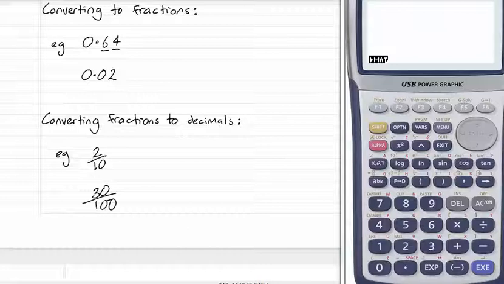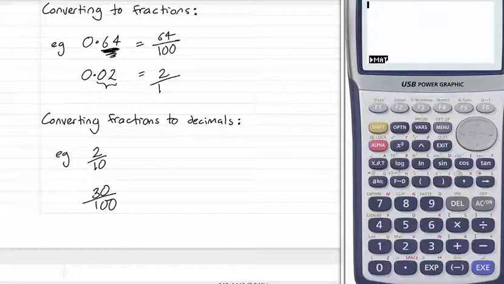I take that 64 and put it over 100, and the number of decimal places in my decimal is the number of zeros in my power of 10. So there's 2 decimal places in my second question. That means I've got the number 2 over 100, 2 hundredths.